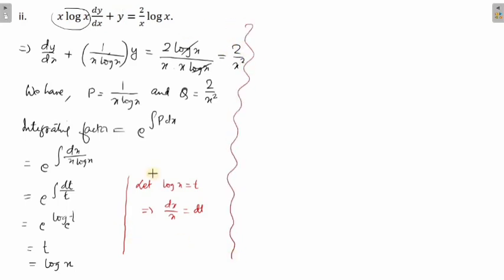Now let's multiply, all this is equation number 1. So multiplying 1 by the integrating factor, that is log x. Let's see what do we get.